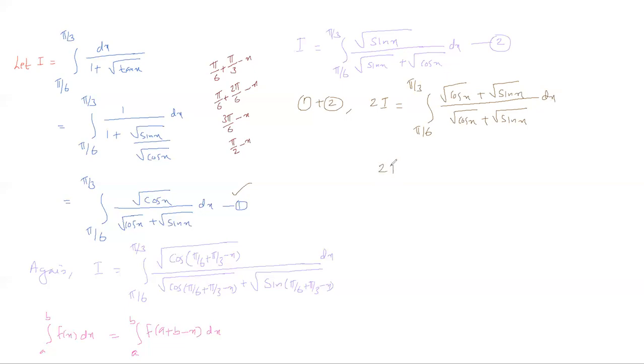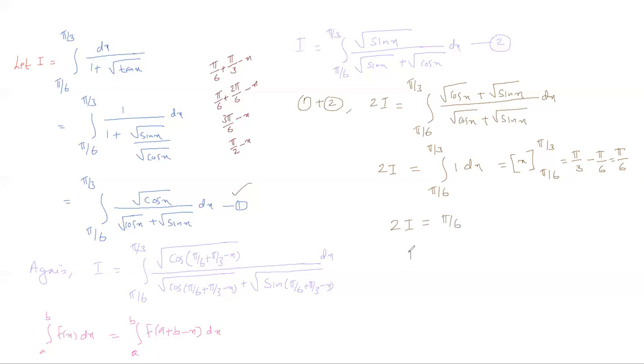That means आपको मिलेगा 2I is equal to integral pi by 6 to pi by 3 1 dx. Integral 1 is x, pi by 6 to pi by 3. So first upper limit लेना, so pi by 3 minus then lower limit pi by 6. Answer is pi by 6. That is 2I is equal to pi by 6.